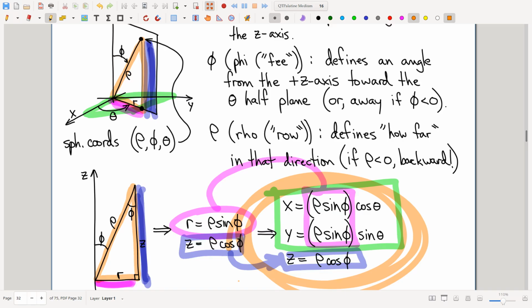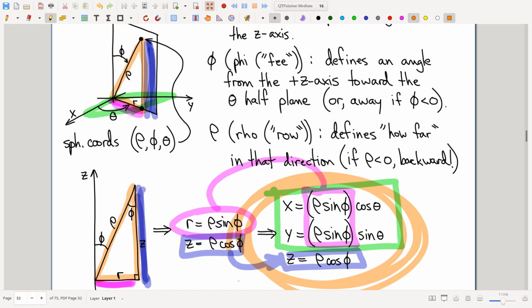Now, I have a suggestion on this. There's a temptation to memorize these equations. Certainly, you're going to need to make use of them, and memorizing them is not a bad idea. For the record, I have never memorized these equations in my life. I've used spherical coordinates a bazillion times, and I have never memorized them, and let me explain why.